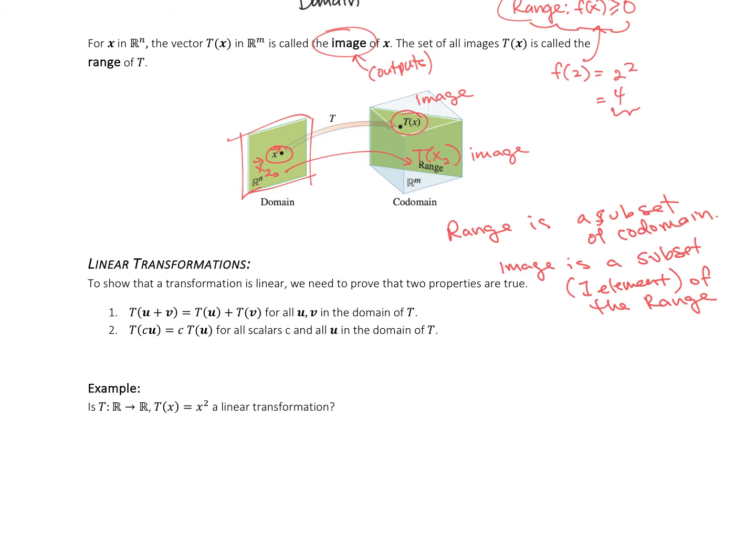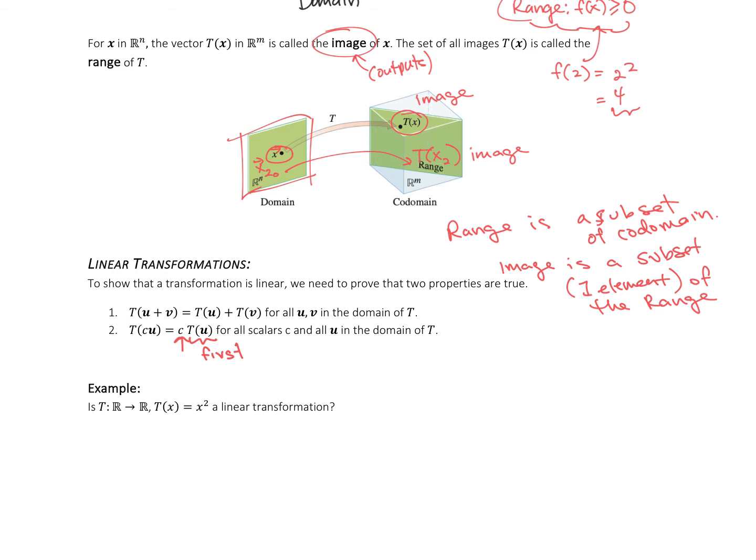It also says that if I apply a scalar multiple to my vector and then throw it through my transformation, it should come out to be the same value as if I throw my vector through my transformation and then multiply by my scalar. Keep in mind our order of operations: the parentheses say do this first. So do your substitution, or whatever you have to do for your transformation, first, and then multiply by a vector or by a constant.